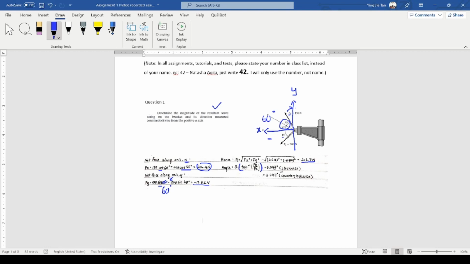So after that, you will get this one. Firstly, the degree is actually clockwise, so we need to correct it by adding a negative. So negative times negative, we get positive. So this is the counterclockwise degree. We are going to stop here for question one, and next we are going to question two.